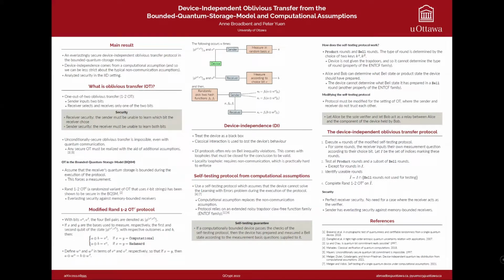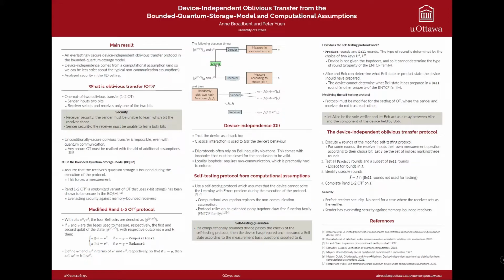The reason for that is compatibility with the device-independent component later on. Here, we don't really need to worry about this. This is mostly for the sake of notation. Like these V alpha and V beta, these are just bits that together denote which of the 4 Bell pairs we're dealing with. But here's the protocol.